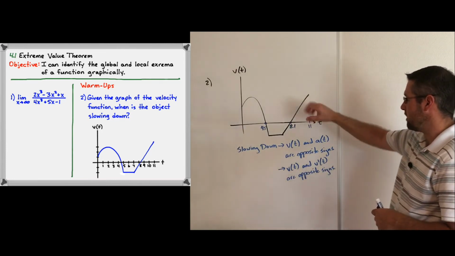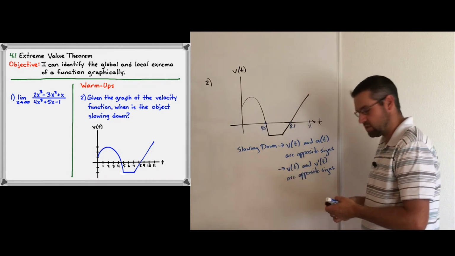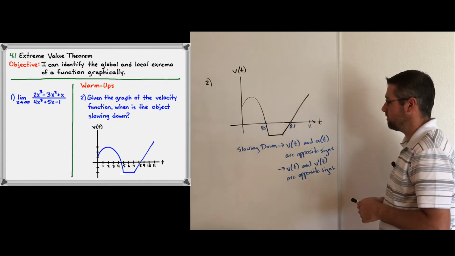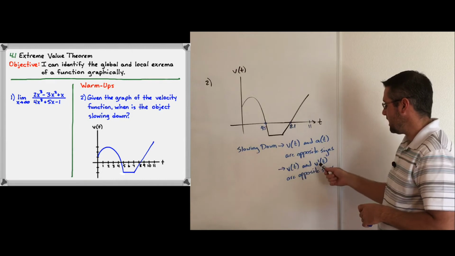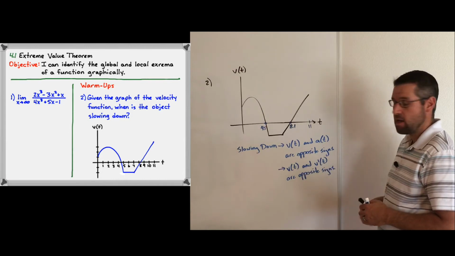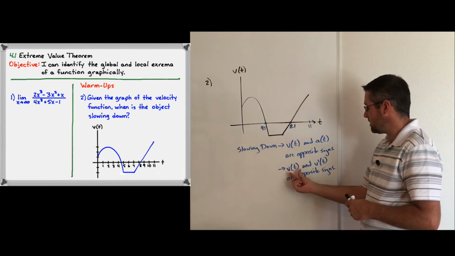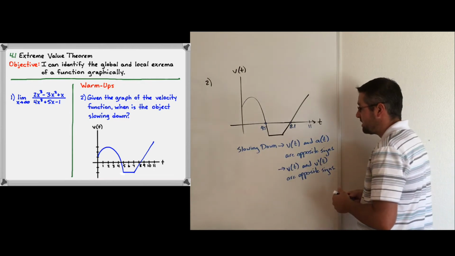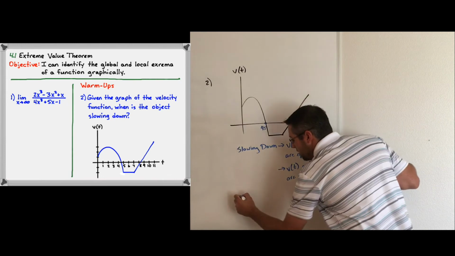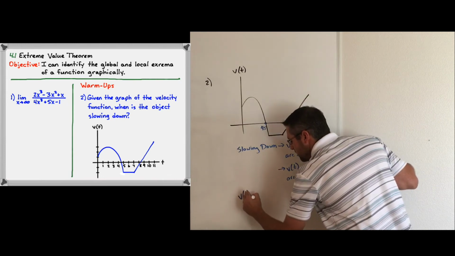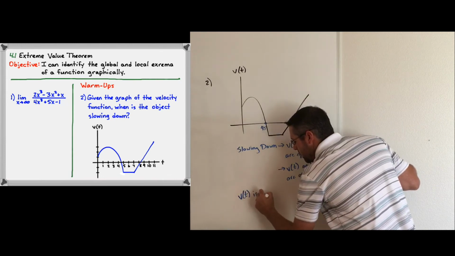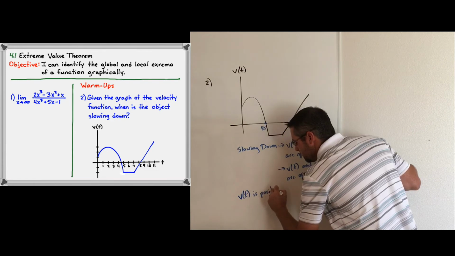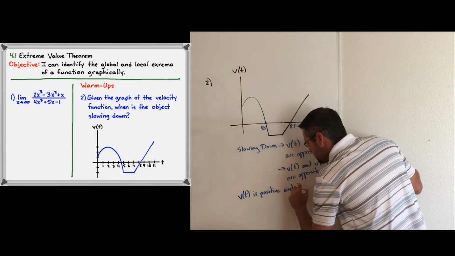In other words, graphically, we're looking for when the velocity is positive and it is decreasing. Because if velocity is decreasing, then its derivative is negative. So let me write that down here. We are looking for when velocity is positive and decreasing.